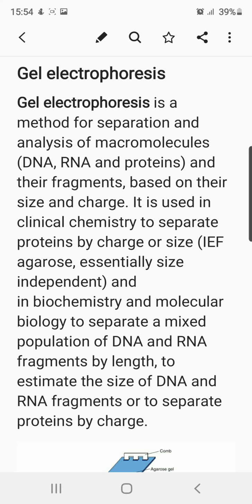It is basically the cutting of DNA by restriction endonucleases, which results in fragments of DNA of different sizes, based on the different molecular weights of the fragments formed by the action of restriction endonucleases. These fragments can be easily separated by a technique known as gel electrophoresis.